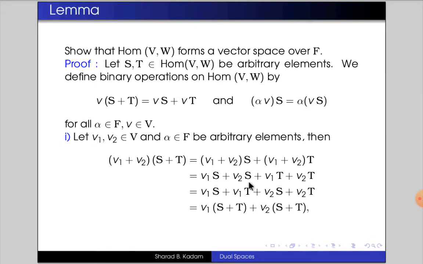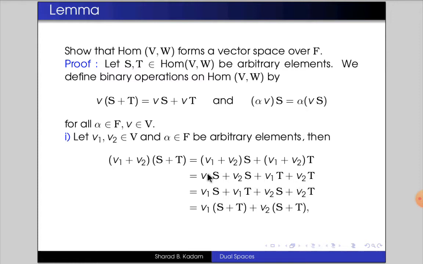Now we know that S of V2 and T of V1 are both elements in the vector space W, so their addition is commutative. That means S of V2 plus T of V1 equals T of V1 plus S of V2.